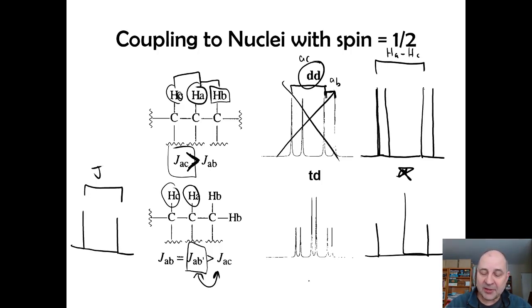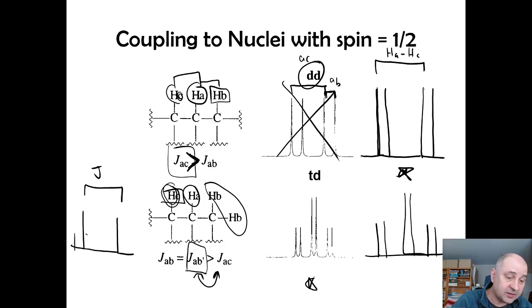Now, back to this one, and I'll go through this again if you need me to. Right? So the stronger coupling is AB. B has two nuclei, so it's a triplet. And then we have a weaker splitting to HC, and there's just a single nucleus, so it gets split into doublets. So this is why we see a triplet of doublets. If this was the other way around, you would see a doublet of triplets.